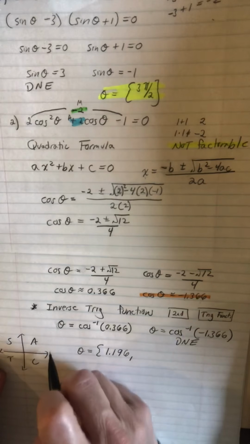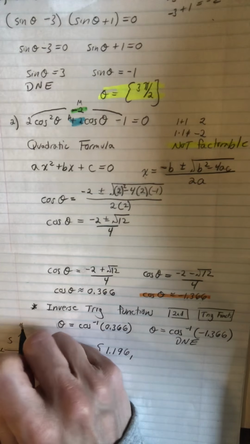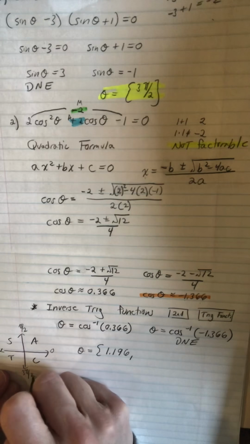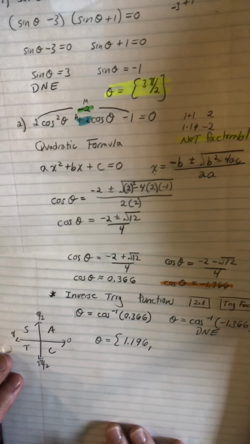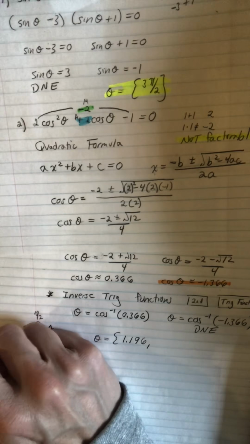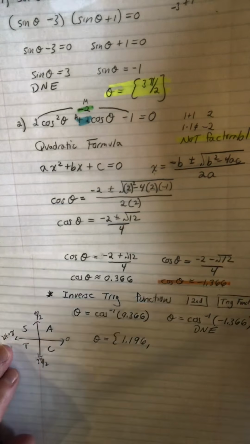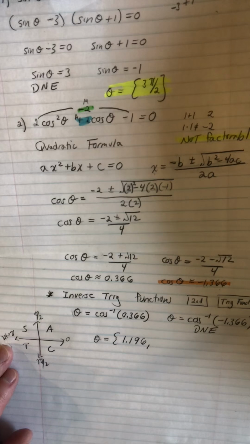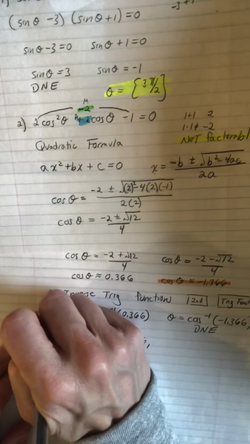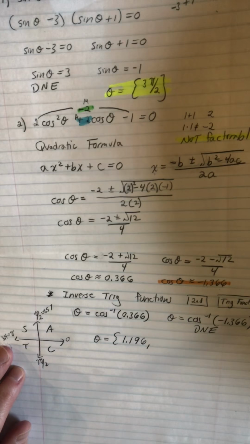Because this is 0, this is pi over 2, this is pi, and this is 3 pi over 2. Let's think about what everything represents. Pi is approximately 3.14. That means pi over 2 is approximately 1.57. 3 pi over 2 is approximately going to be 4.71.